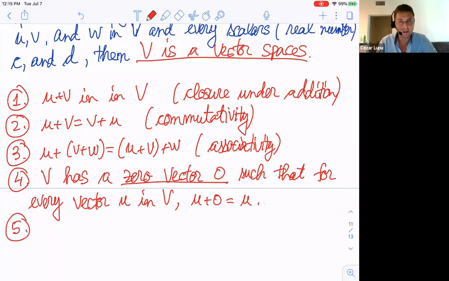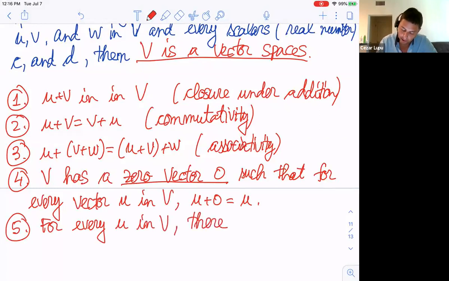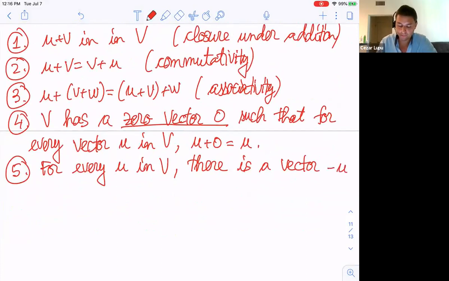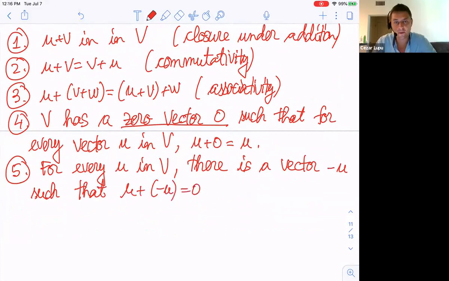The fifth one, well, we need the opposite element. So for every u in V, there is a vector, and we call this vector negative u, such that u plus negative u equals 0, right?